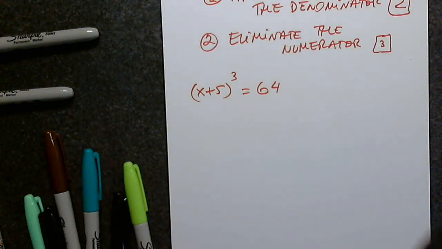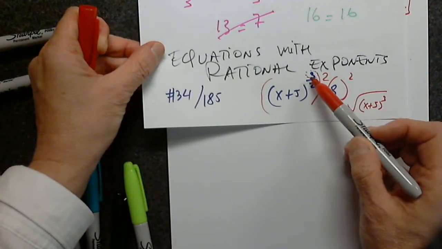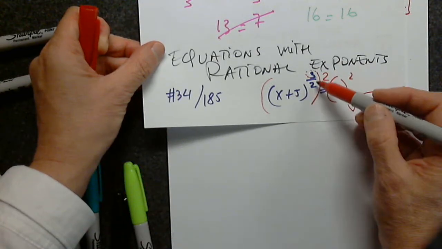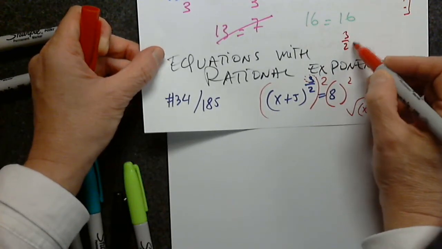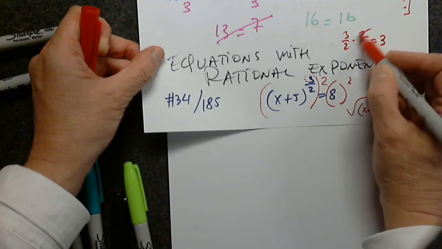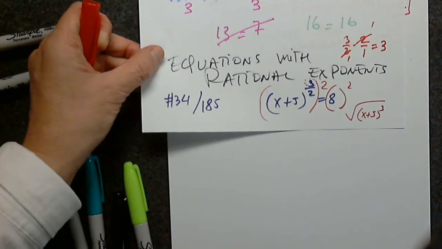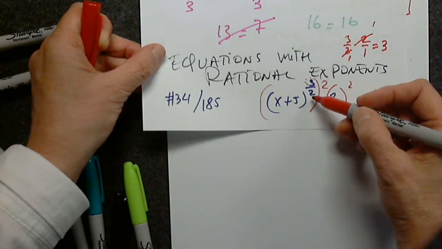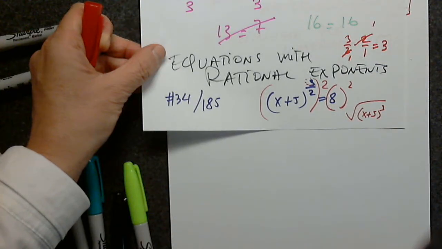Hold on. Let me see. So when we raise an exponent to a power, we copy the base and multiply the exponents. 3 over 2 times 2 over 1 is 3. Just write down the product, 3 over 2 times 2 over 1.